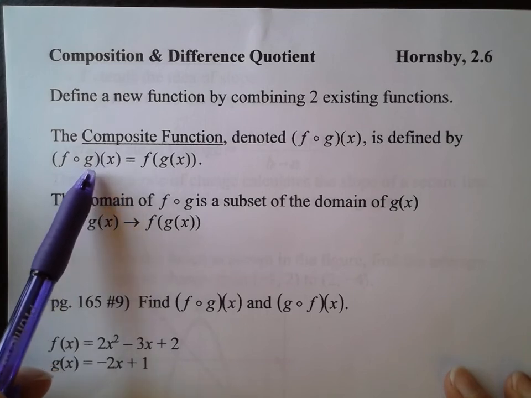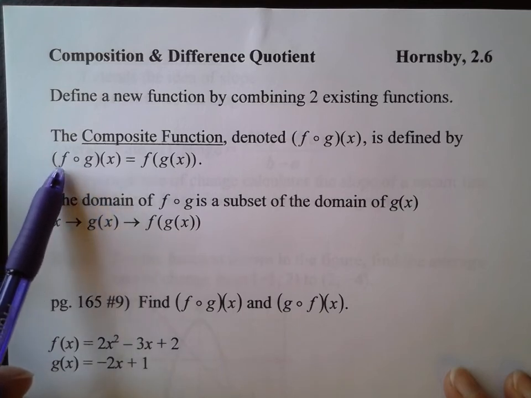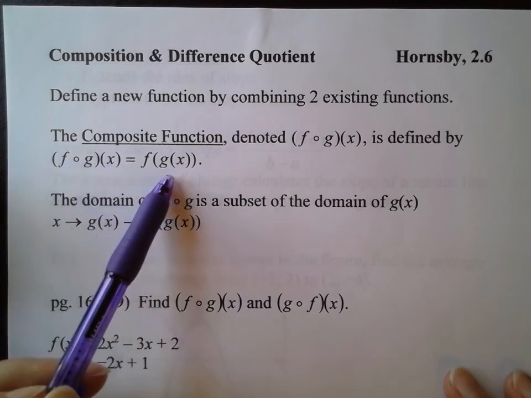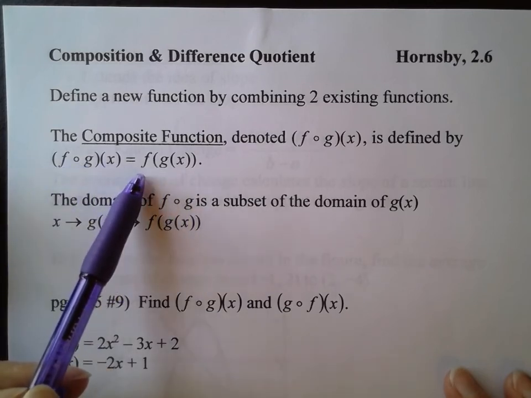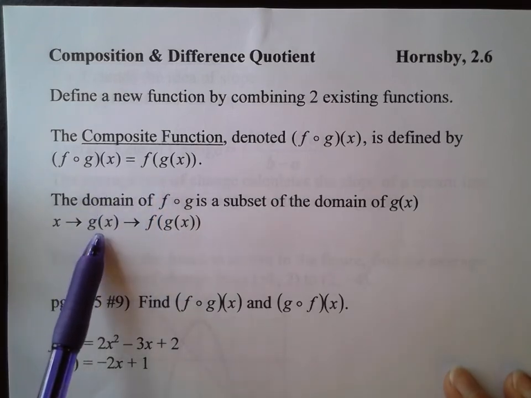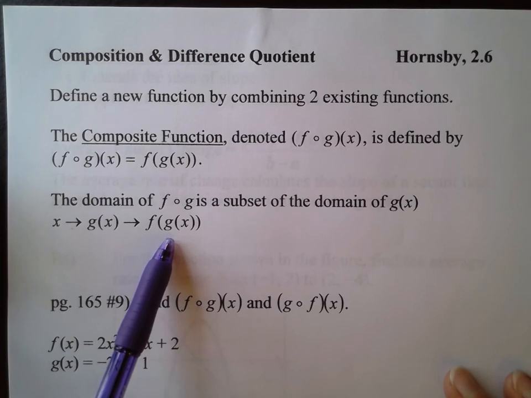And when I do the composition, I substitute the function that is listed second into the first function. In this case, I substitute g of x into f of x. And there's this layering effect where I'm applying two functions, one right after the other.